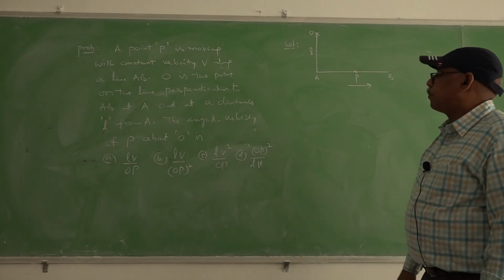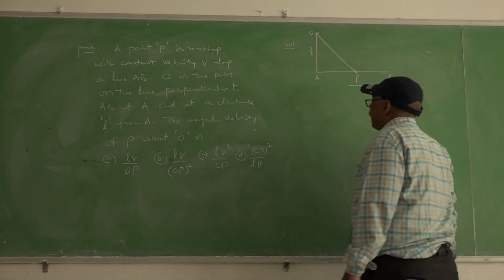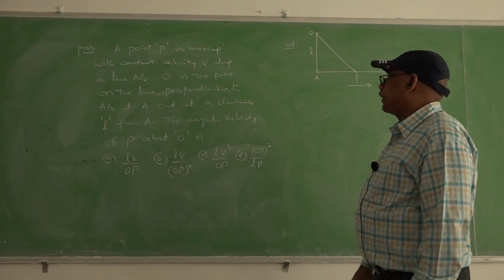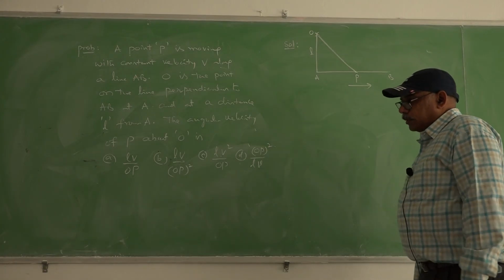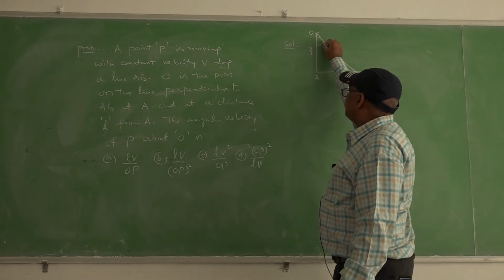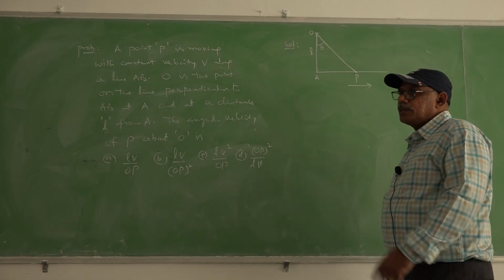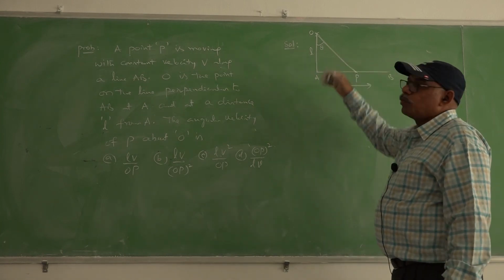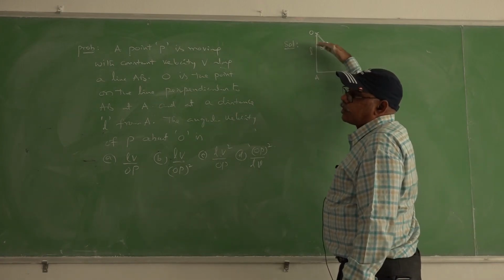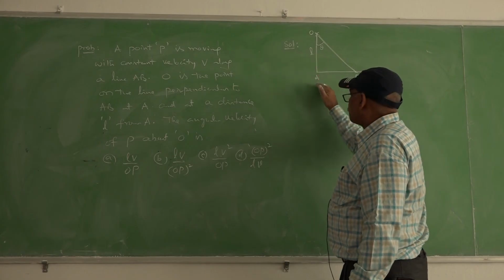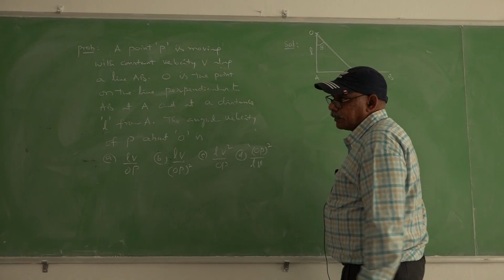Then the angular velocity of P about O is needed. That means once this angle is theta, AP makes angle theta at O, and d theta by dt is the angular velocity of P about O. As P is moving on this line, the angle theta changes according to time.